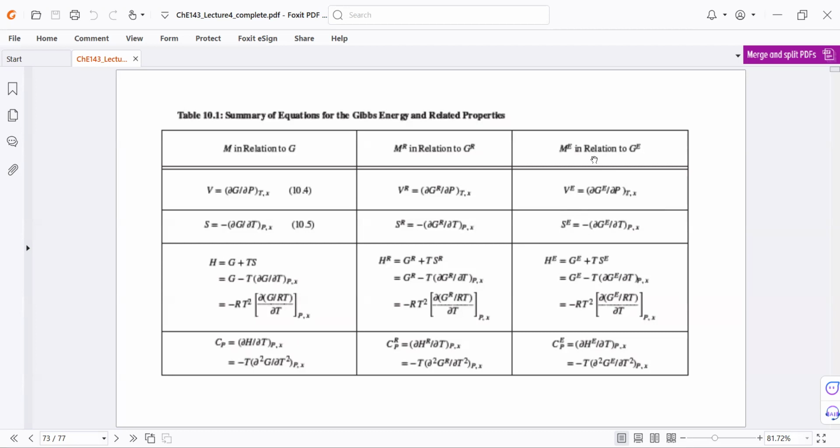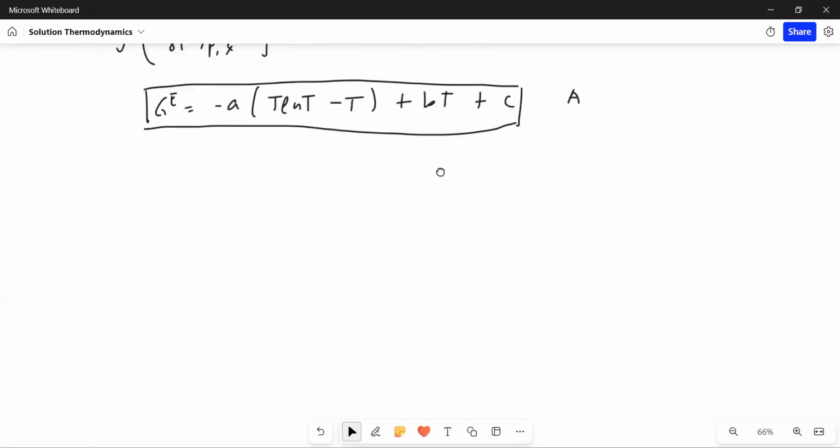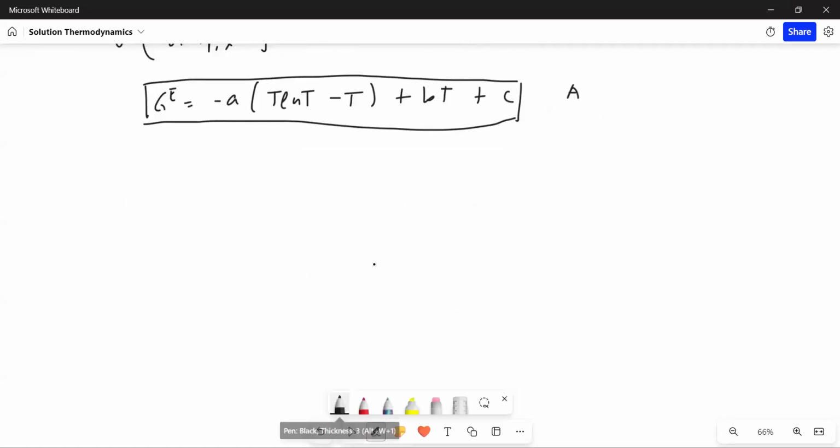We copy this, the second row, last column, to our solution. So from the table, SE is negative partial of G with respect to T at constant pressure and composition, right?